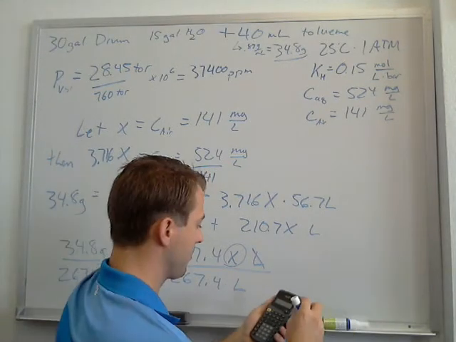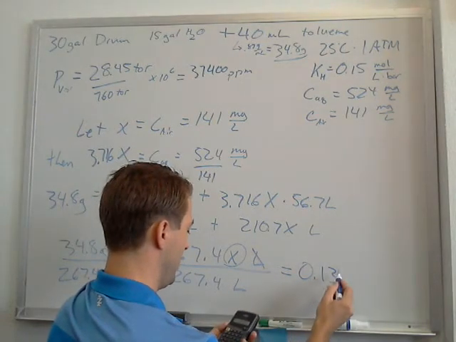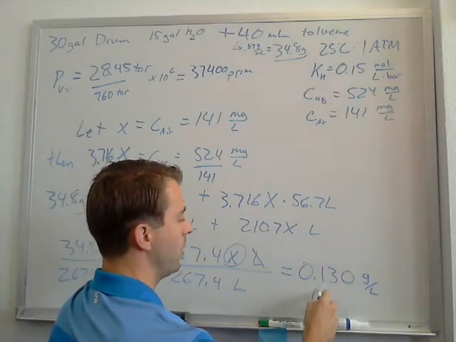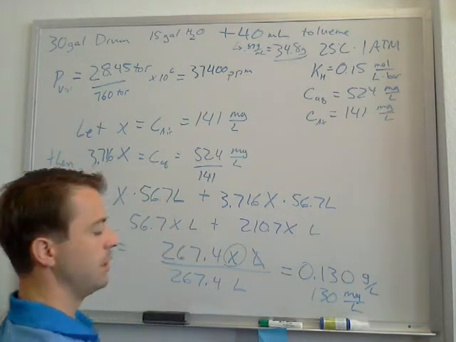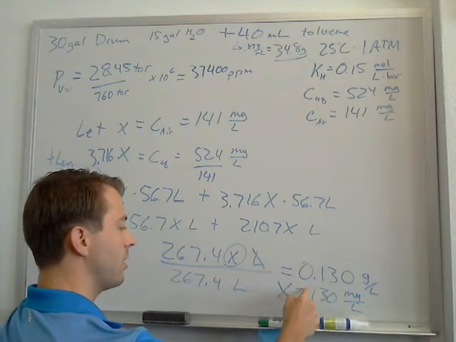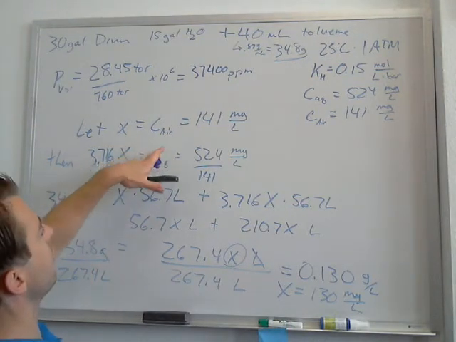All right. So this equals 0.130 grams per liter, or 130 milligrams per liter. Just multiply it by 1,000. So that's our concentration of X, which is our concentration in the air.